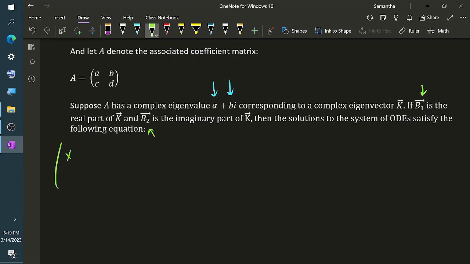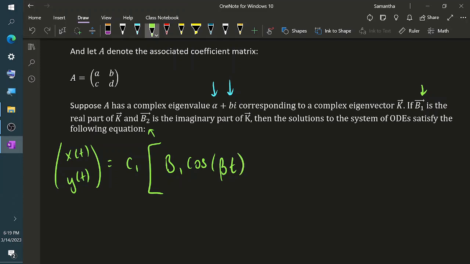The solutions x of t, y of t are equal to C1 times the real part of your eigenvector times cosine of bt minus the imaginary part of your eigenvector times sine of bt, and that will be multiplied by an exponential e to the alpha t.